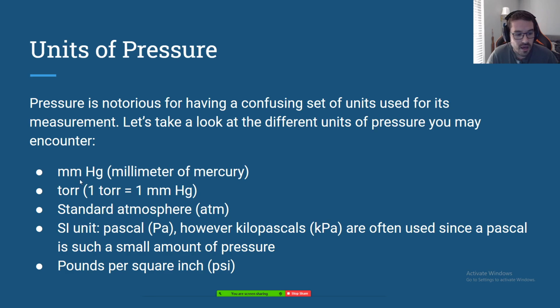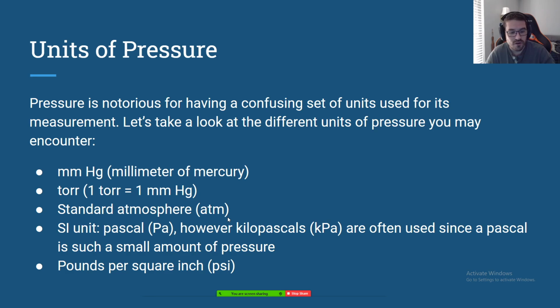Anyways, moving on. Torr, T-O-R-R, is named after an Italian guy named Torricelli. 1 torr is the same thing as 1 millimeter of mercury. So these things are the same thing, a 1-to-1 ratio. A more modern day unit, which is pretty commonly used, is the standard atmosphere, ATM.